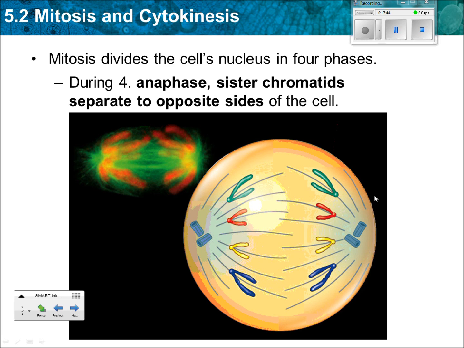And those spindle fibers attach to that centromere where they're stuck together and pull on it, and then the legs of the X, they're not even an X anymore, the line. It's just that it pulls from the center so those ends fall behind and are getting dragged. Okay, so that's anaphase. You can see they're red right there.